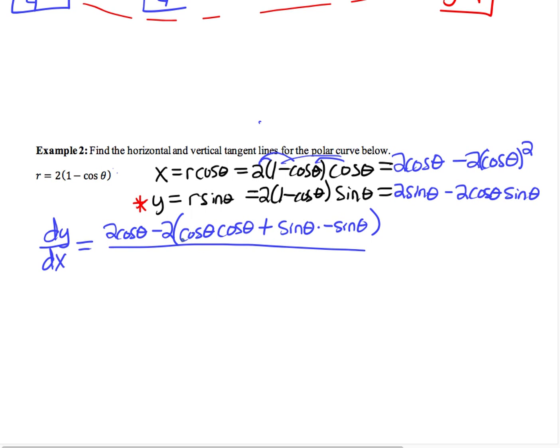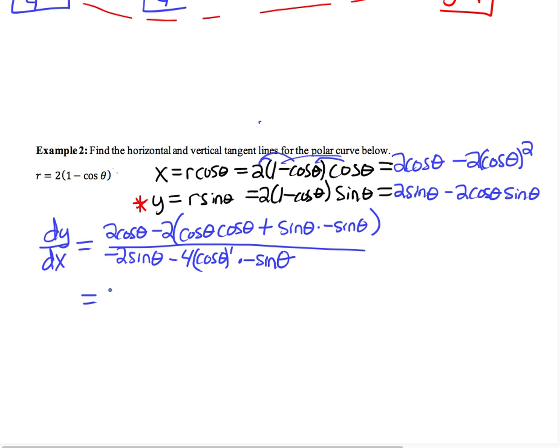So now I'm going to do dx d theta. I think that'll be a little easier. The derivative of 2 cosine is going to be negative 2 sine. This one, if I bring the 2 down, it's minus 4. Leave the inside alone to the 1 power. The derivative of the inside with my chain rule is that. Okay, let's simplify this.